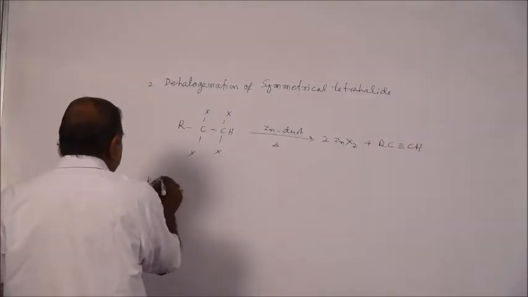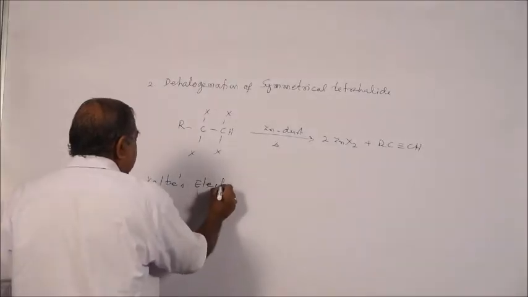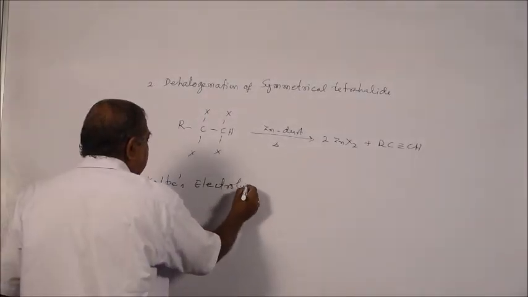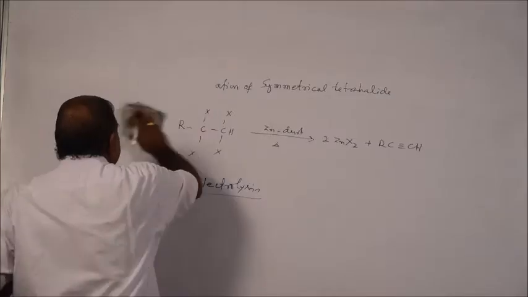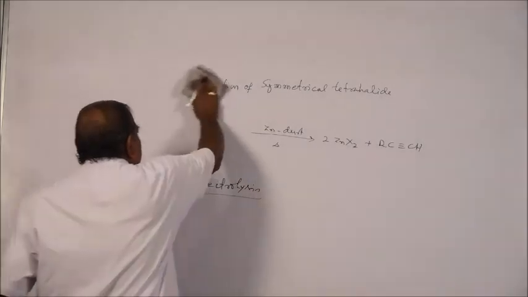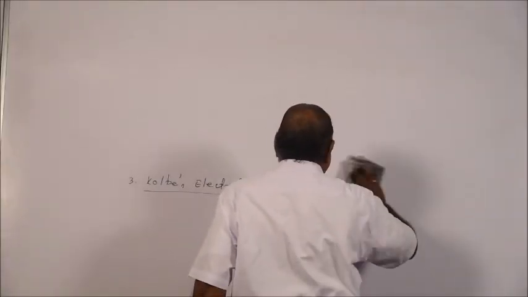The third method is Kolbe's electrolysis. Kolbe's electrolysis is a general method for the preparation of alkane, alkene, and also alkyne.